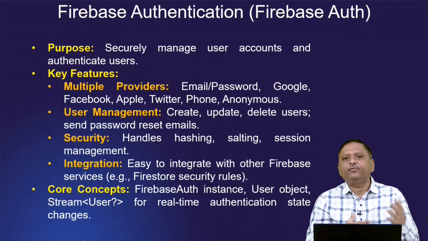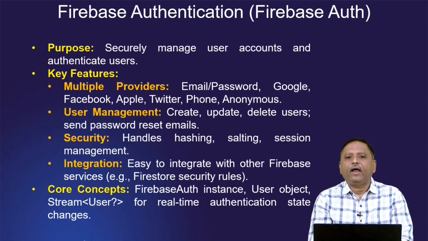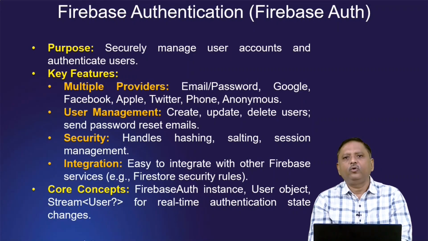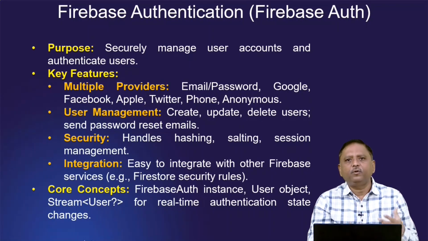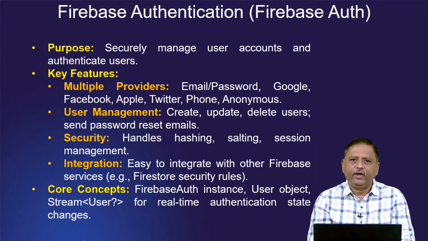It contains information like user ID, email, display name and photo URL. And the third term is user stream. Firebase provides a stream to listen to authentication state changes. It is very useful for knowing whether a user is logged in or logged out in real time.